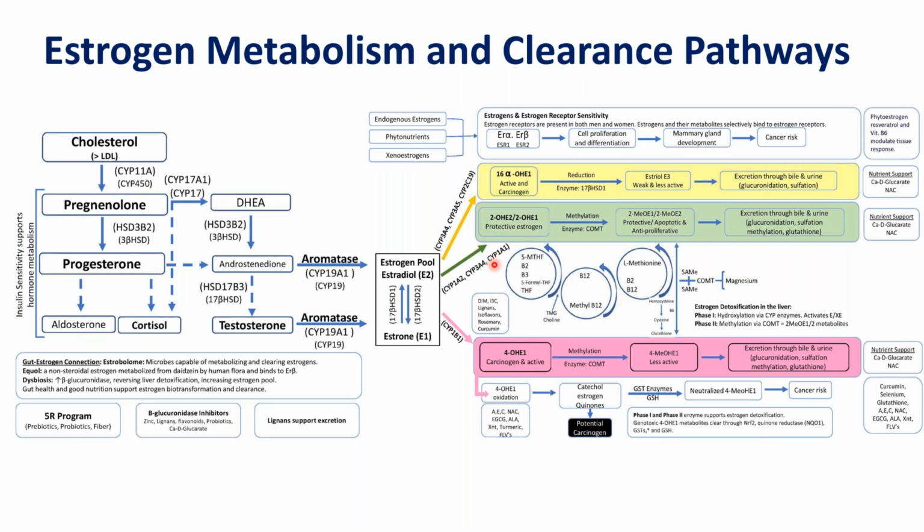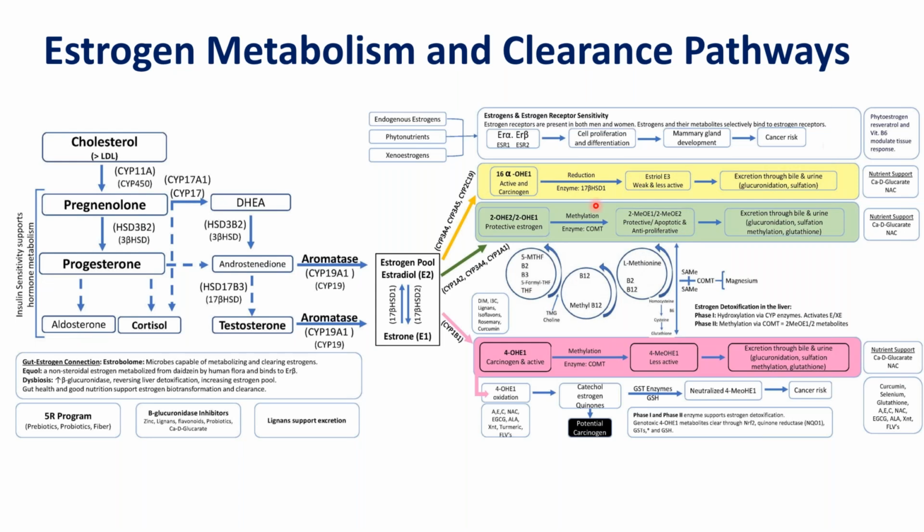And we can see here that CYP1A1, CYP1A2, if there is a SNP in one of those genes, we're not going to be producing the enzymes necessary to encourage our total estrogen pool to go down the green conveyor belt to be methylated, to convert to the 2-methoxy estrones to give us the therapeutic value of estrogen.